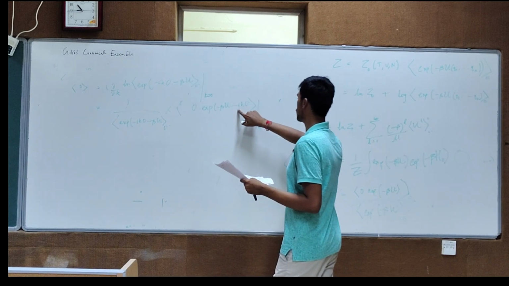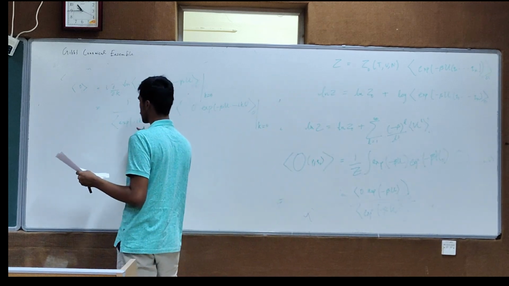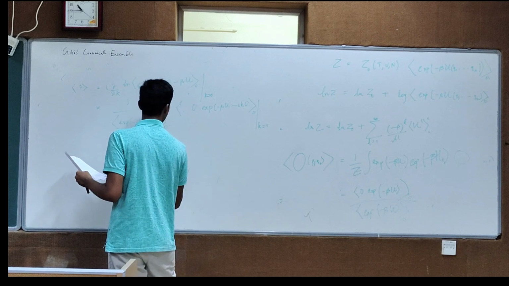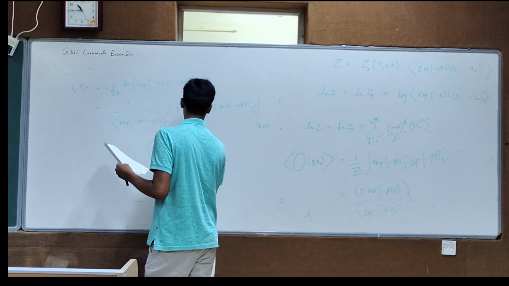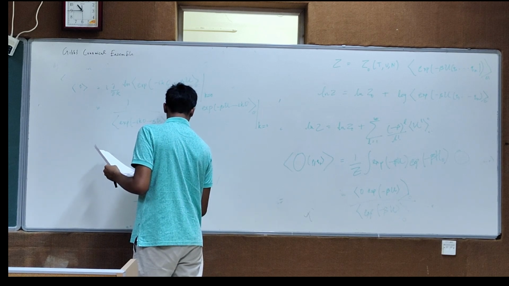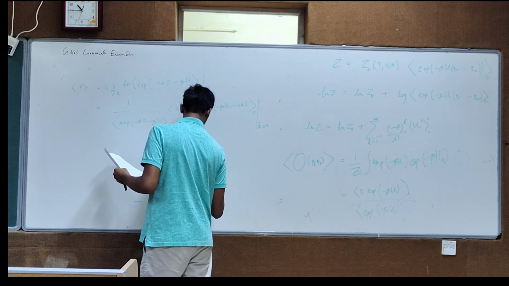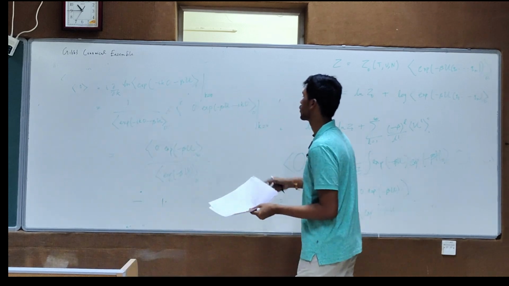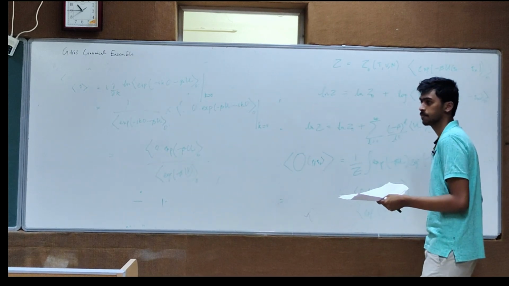So when k equals 0, this exponential ik becomes just 0, and this also becomes 0. This comes out to be O.